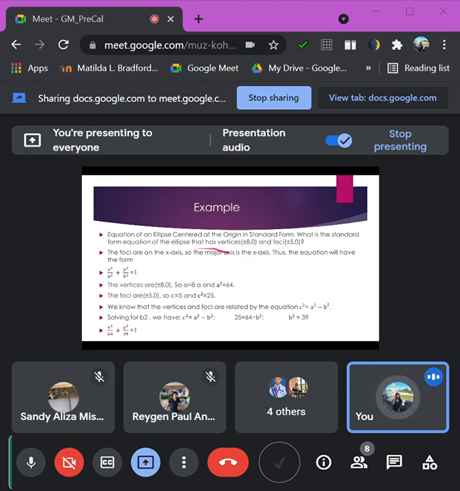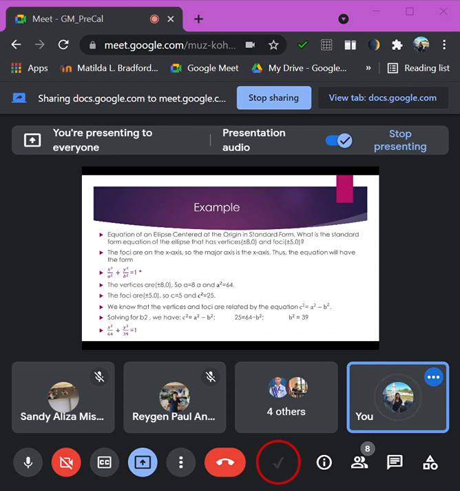And you can see in the second that the foci are on the x-axis. So it is horizontal, so the major axis is in the x-axis. Thus the equation will have the form x squared over a squared plus y squared over b squared is equals to 1.